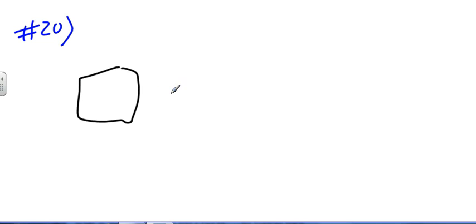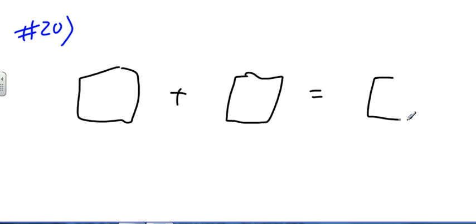I make a picture. So I've got something, and I'm adding something to it, and I end up with something. All right. So I have 60 liters of gasoline and 15 liters of alcohol. How much pure alcohol must be added?